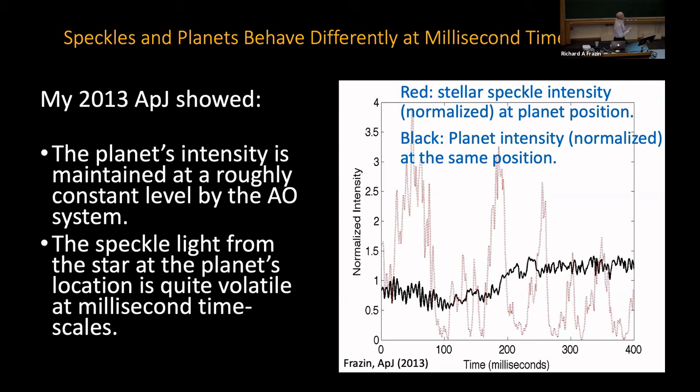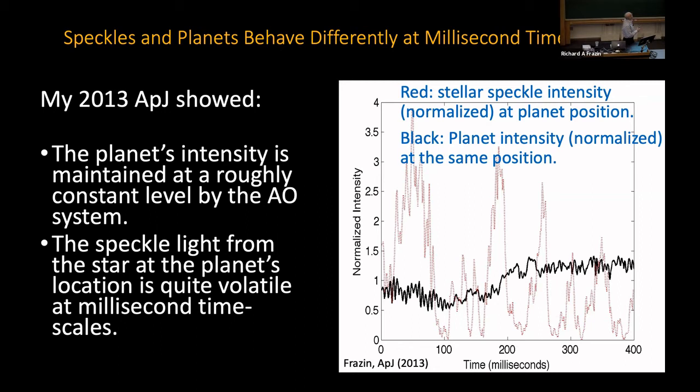I showed semi-analytically that, and notice the x-axis here, this is the time in milliseconds, if you were to look at what's happening in the image at millisecond timescales, the planetary brightness wouldn't change very much in time, but the stellar brightness at the planet's pixel would change a lot. It's much more volatile.